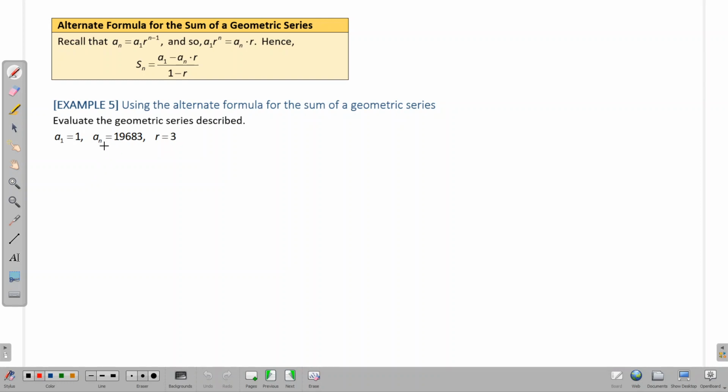Rather than finding the value of n, we can go straight to this formula. So we've got S sub n equals a1, which is 1, minus a sub n, which is this term, 19,683. Then we multiply that by r, so r is 3, and then the denominator would be 1 minus 3.